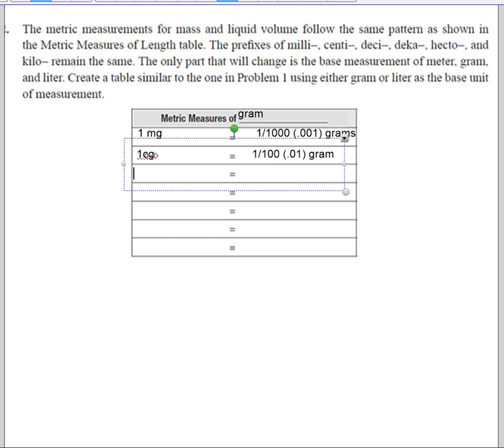Notice there's 2 that begin with D. So decigram is a decimal, and decagram is bigger. So we have 1 dg for that, and it's 1/10, or 0.1 gram. And then we have our basic unit, so 1 gram. So again, that's our base unit.